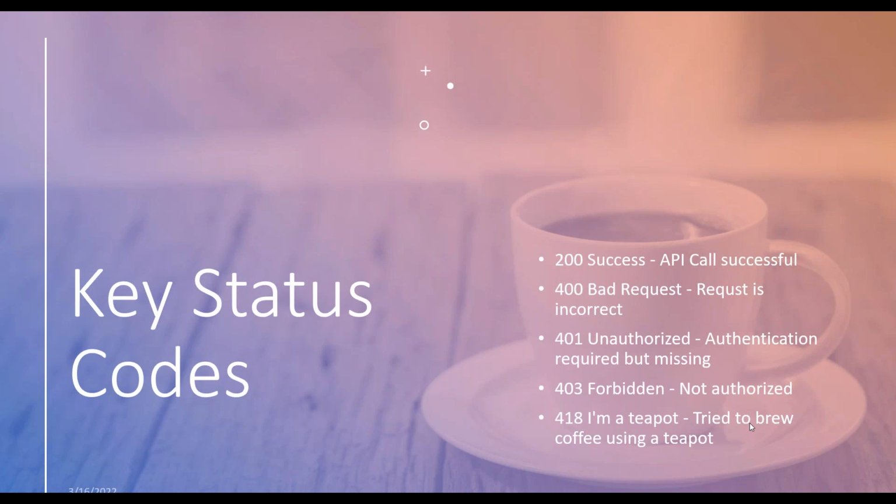So a parameter was missing, or you specified something in a parameter that isn't a valid value. The 401 unauthorized typically indicates that authentication is required, but you didn't specify it. And then a 403 forbidden means you gave us your authentication information, or maybe you didn't, and you're just not allowed to view it. And 418, which I don't think anybody will be using here, is I'm a teapot. And that's typically issued when you try to brew coffee using a teapot.